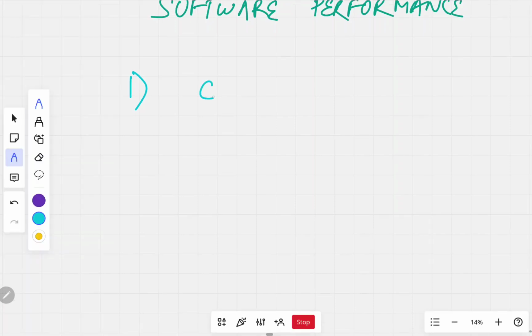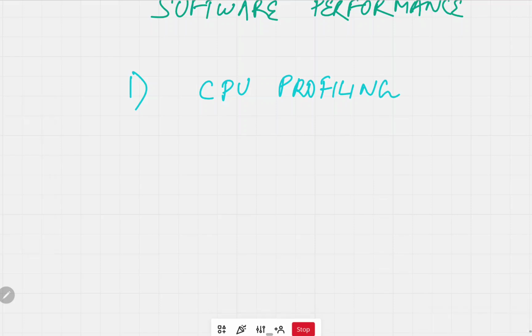So the first point would be CPU profiling. Here, what do we measure? Whenever the code is running, the CPU is getting utilized. It is spending some time on different functionalities, parts of the code, methods.